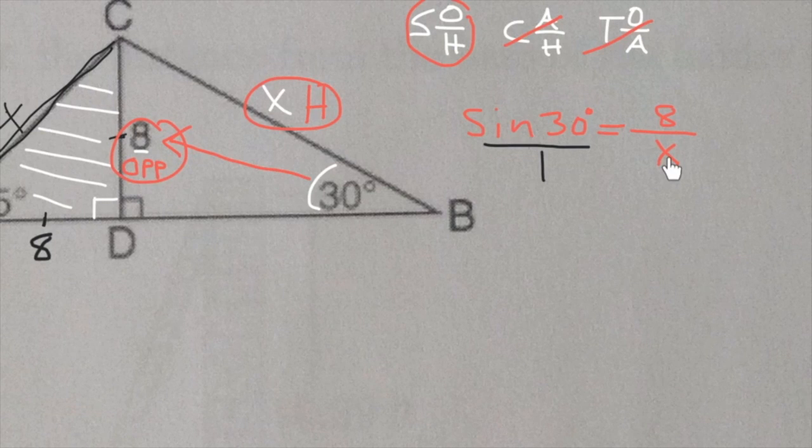You're still going to cross multiply, but this one actually could take two steps, the way that I like to show it. Cross multiplying these together gives you x times the sine of 30 equals 8 times 1, which is 8. When we cross multiply here, the answer is not there right away. We have one more step left to do. We've got to get rid of multiplying by the sine of 30.